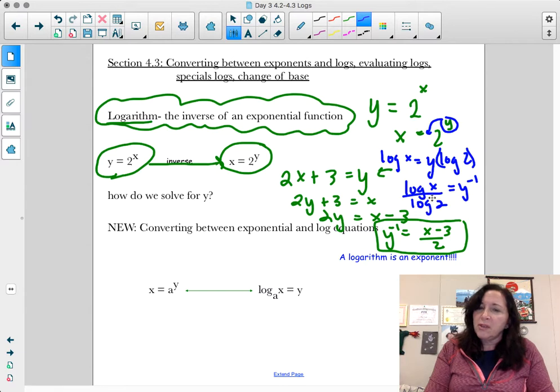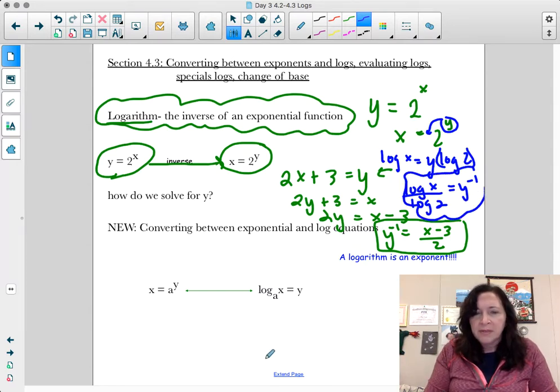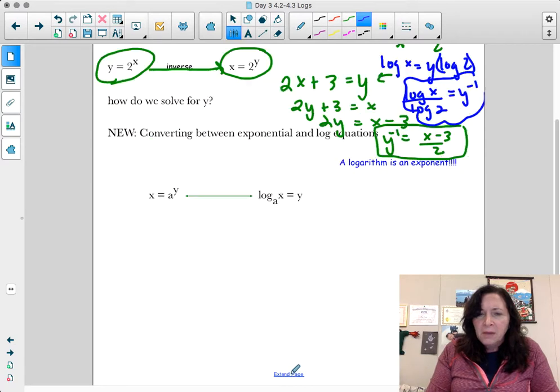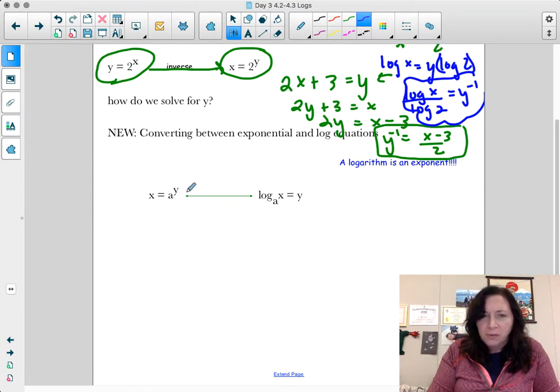Now, there's, of course, another way to write this, and we're going to discover that a little bit later on in the slides. What you see right here in this equation is x equals a to the y power. If I wanted to find the inverse, of course, I would get y is equal to a to the x power.